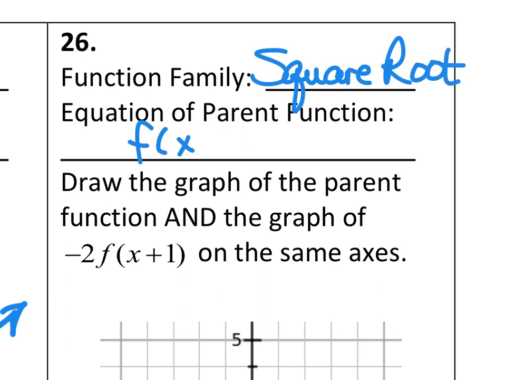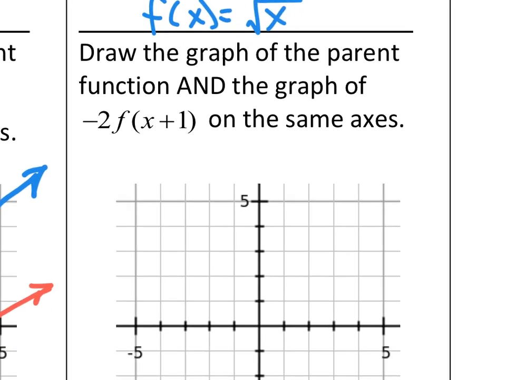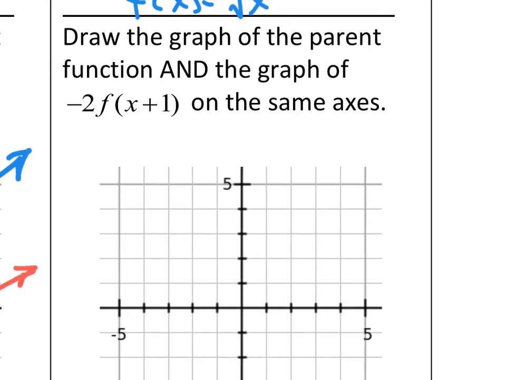And so the parent equation of this function family is the square root of x. And the graph of the parent function starts at the origin 0, 0 and has points at 1, 1 and 4, 2 and goes like that.